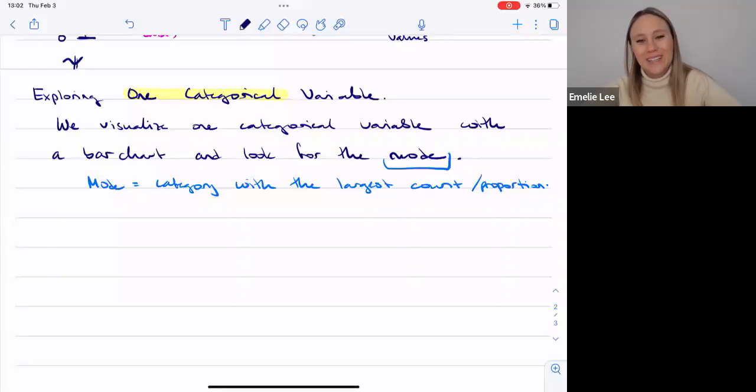You can look at things like a pie chart, but if you have been in my class before, I hate pie charts and I don't want you to use them, right? I can go on and on about how bad they are, but it boils down to our eyes can't see area as well as we can see differences in heights.